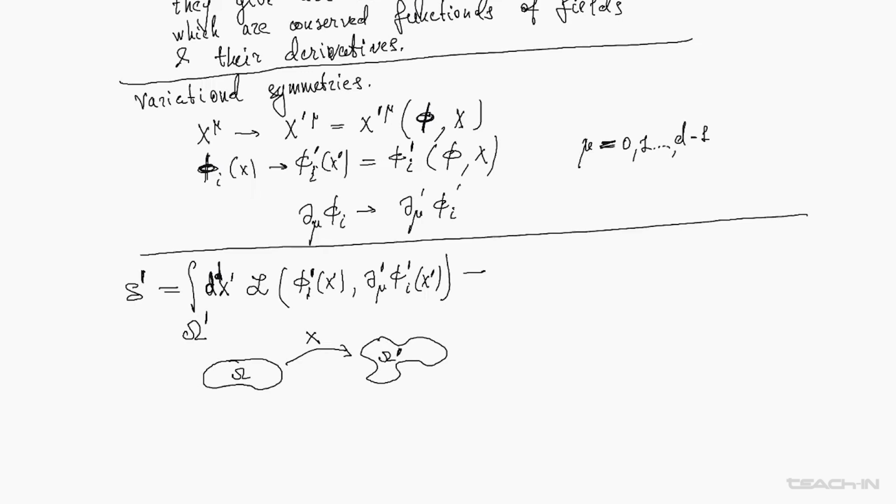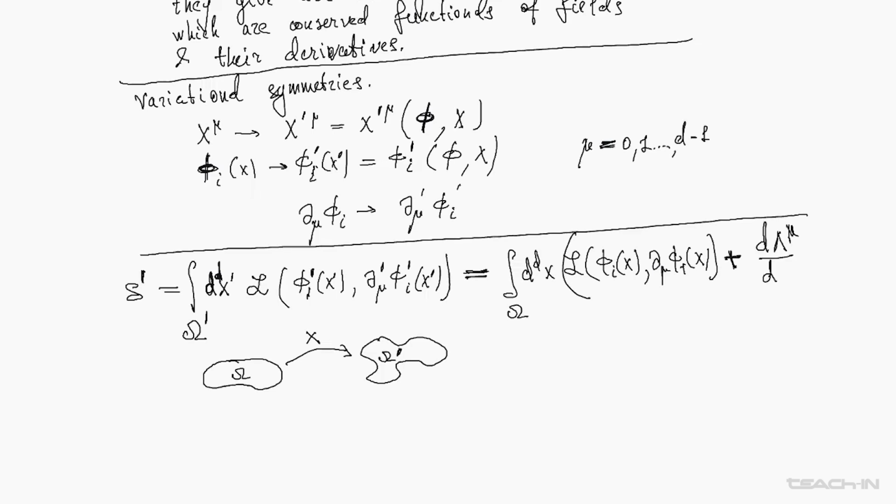So that means the integral d^d x of the Lagrangian on the old fields φ^I(x), ∂_μ φ^I(x), depending on x, up to a boundary term, which means that this can be changed by adding a total derivative, ∂Λ^μ/∂x^μ.